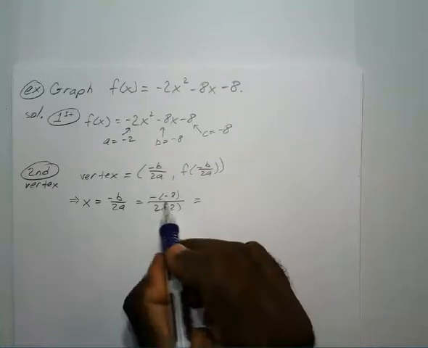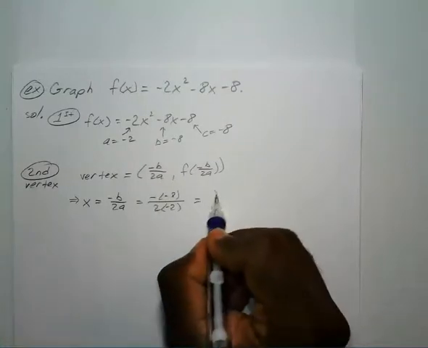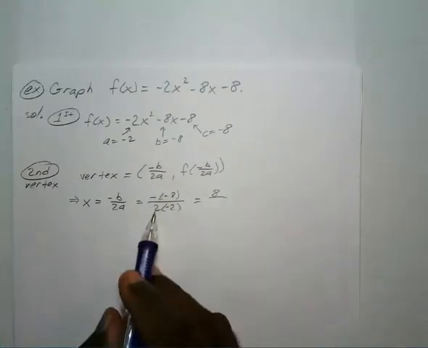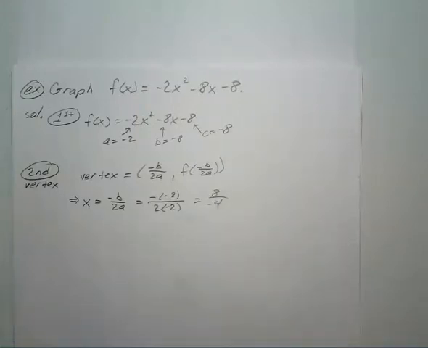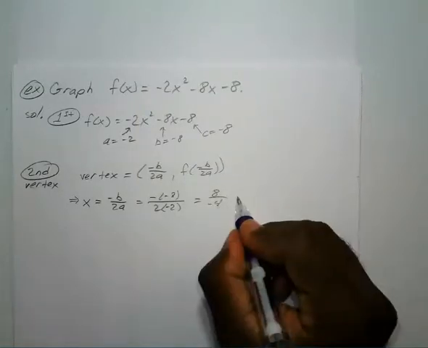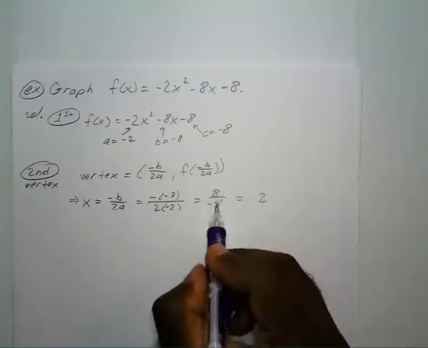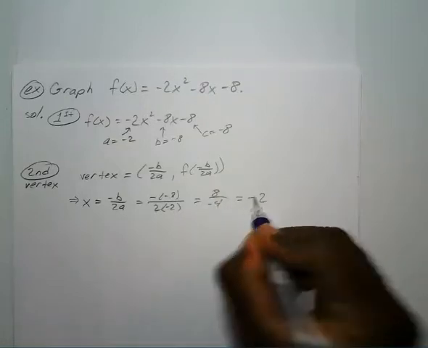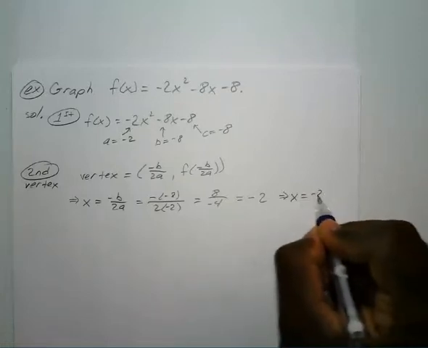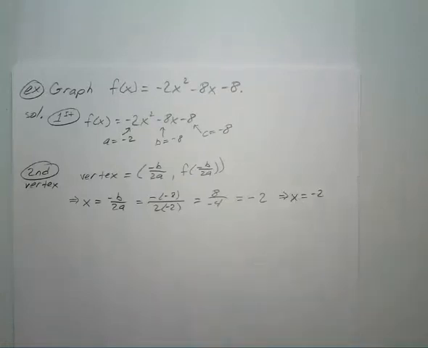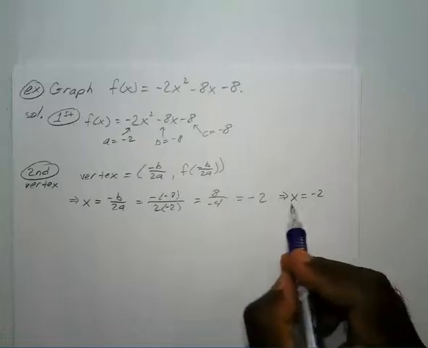That will give you positive 8 divided by 2 times negative 2, which is negative 4. 8 divided by 4 is 2, positive divided by negative is negative, so we know that our x is equal to negative 2. So that part we have.